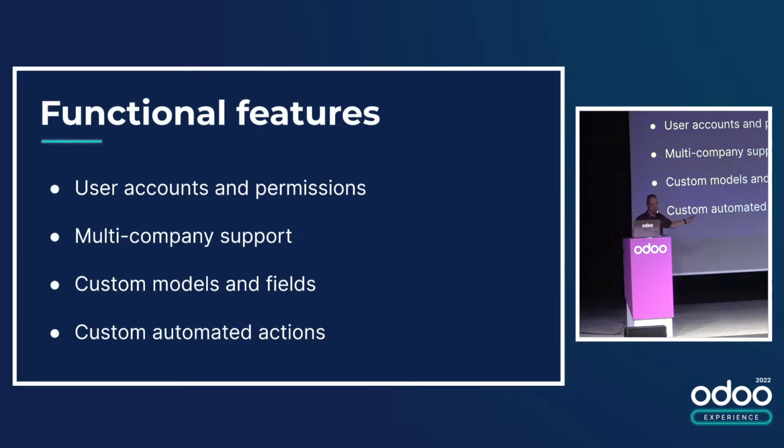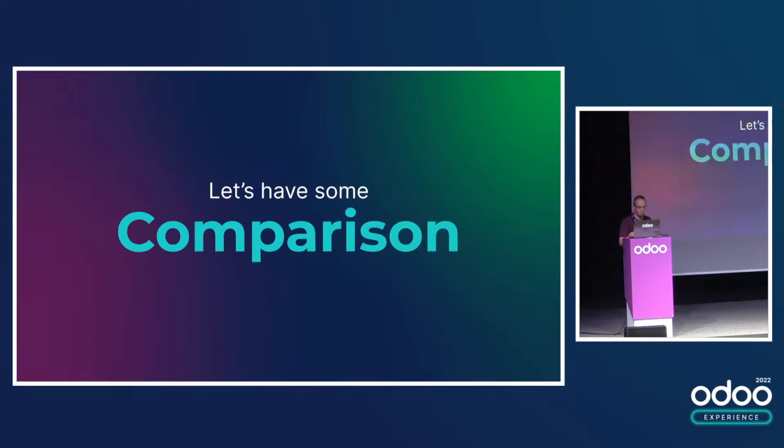In Odoo, we have specific support for that. Of course, it has its own limitations, but it's doable. We can have our own custom models and fields, and the whole application Odoo Studio is built on that. And then we have custom automated actions. Again, it's essentially a hook that you use to inject a kind of dependency into an application.